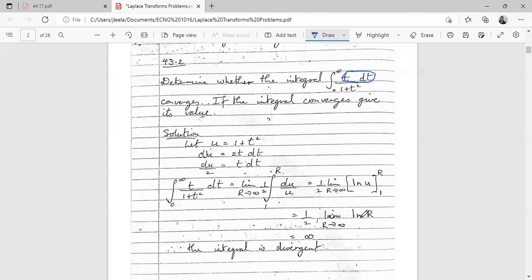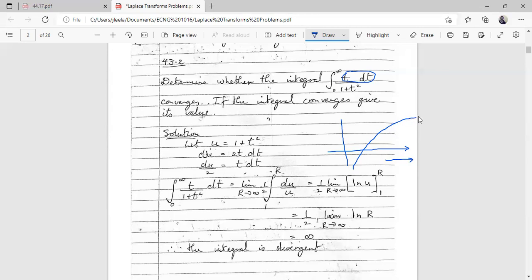So you should be kind of familiar with the ln graph, right? So the ln graph will go something like this, right? So as you move to the right, meaning r approaching infinity, what would happen here, right?